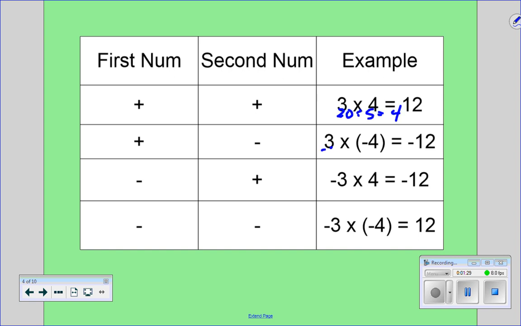Negative 20 divided by 5, I get negative 4. 20 divided by negative 5, I get negative 4. Negative 20 divided by negative 4, I get 5. So it's the exact same stuff. That's why I put 2 lessons together, because it's the same rules.